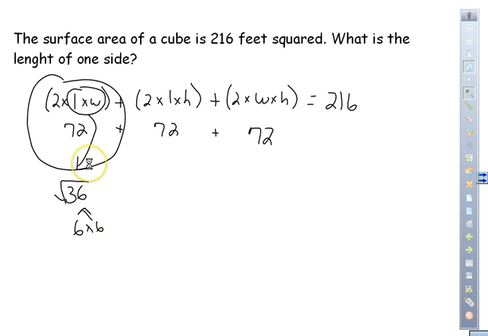And 36 times 2 is 72, and that's the same thing that's going to happen for each one of these, and when we add them all together, we get 216. So my answer for the length of one side is 6 feet. Okay, that's a tough one, and it is. So take a look at that. That really helps you understand whether you really understand how to use this formula.